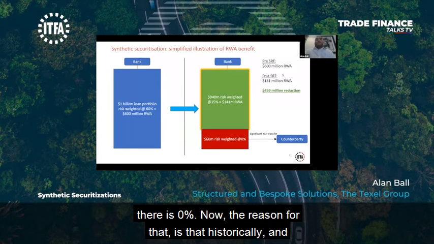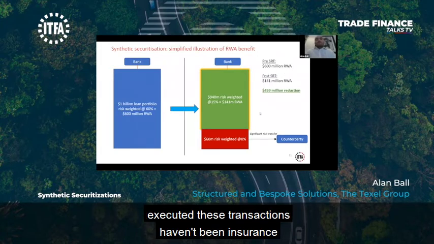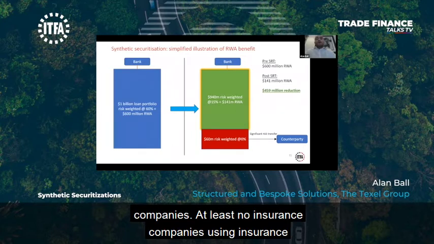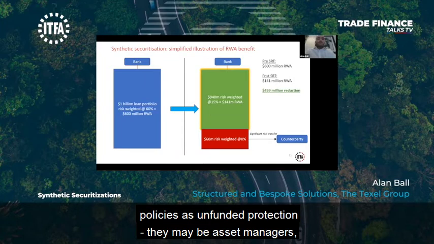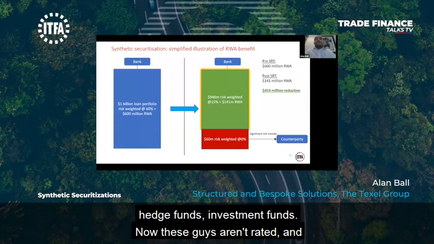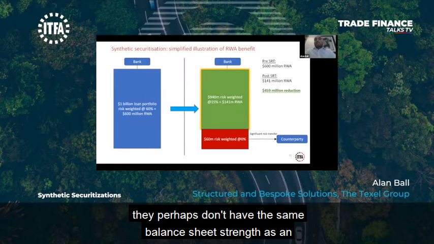Now, the reason for that is that historically and traditionally, the counterparties that have executed these transactions haven't been insurance companies, at least not insurance companies using insurance policies as unfunded protection. They may be asset managers, hedge funds, investment funds. Now, these guys aren't rated and they perhaps don't have the same balance sheet strength as an insurance company.